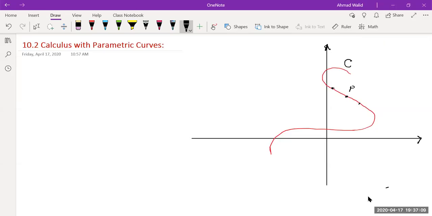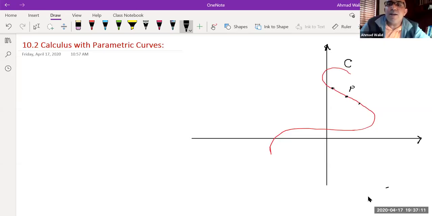When you name a point, definitely this point has a coordinate on x, correct? And has a coordinate on y. Because we are dealing with parametric equations, we know that our x is f of t, right? And our y is g of t.